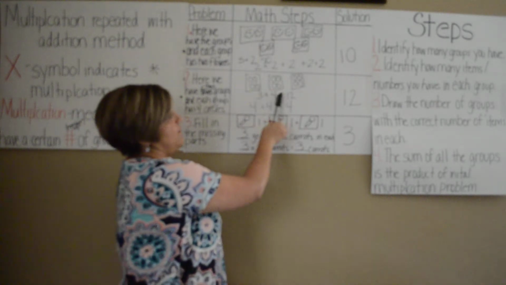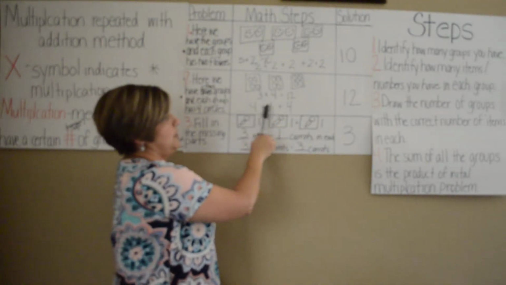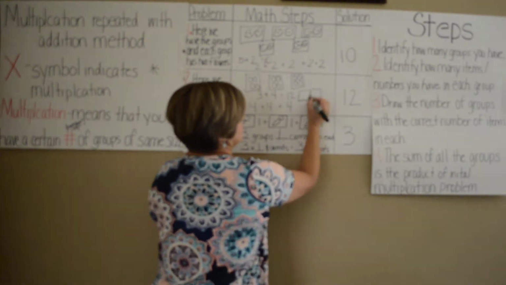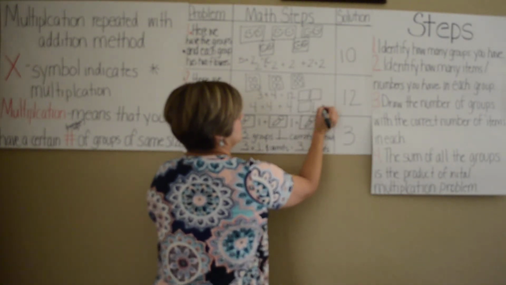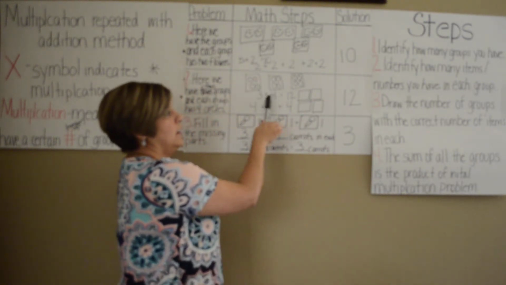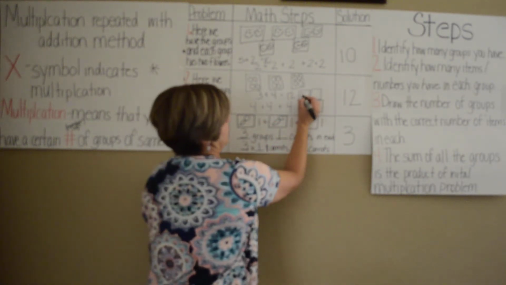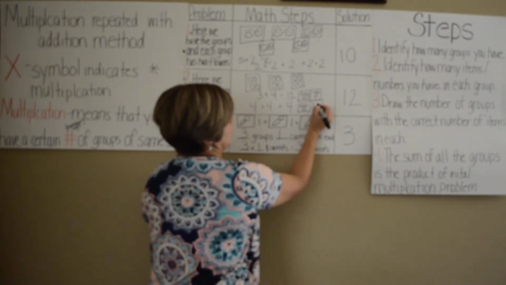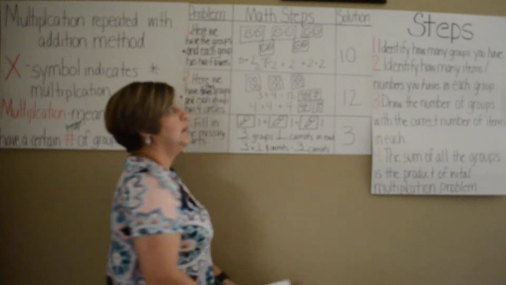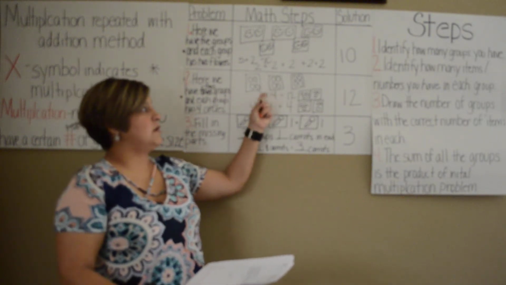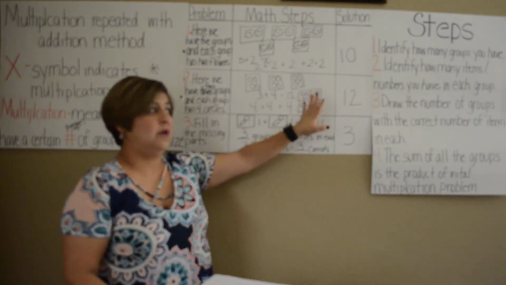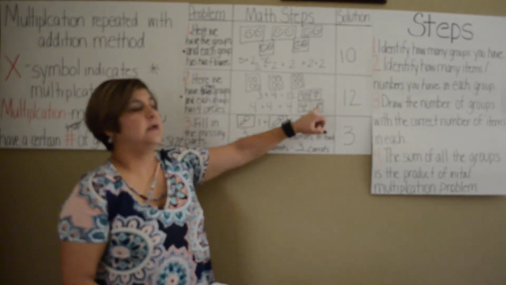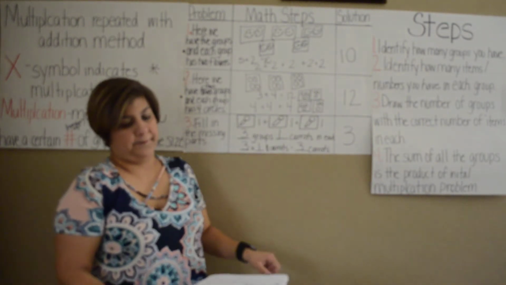So if it was reversed, you would still get the same answer, but you would be doing 4 groups with 3 circles in it. So if the problem was reversed, 4 times 3, it would still be the same, but this time you would have 4 groups and 3 circles in it.